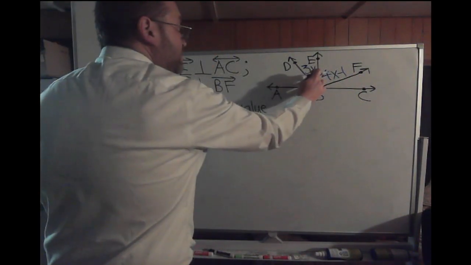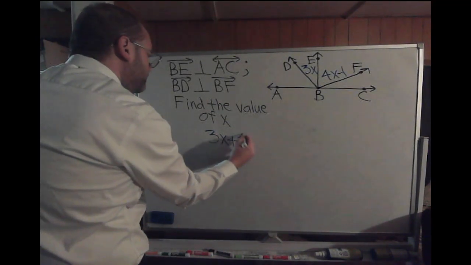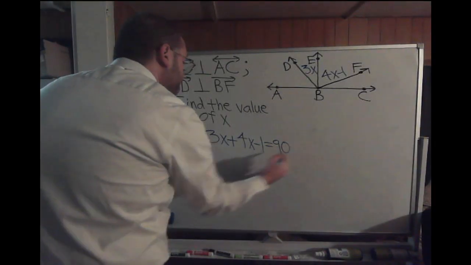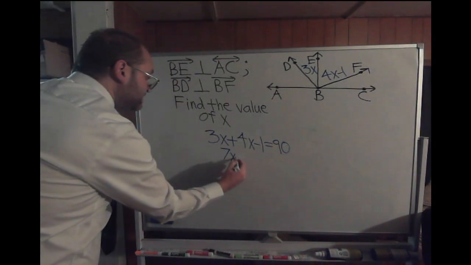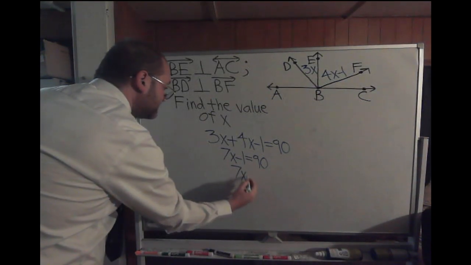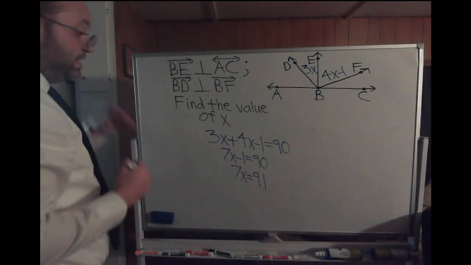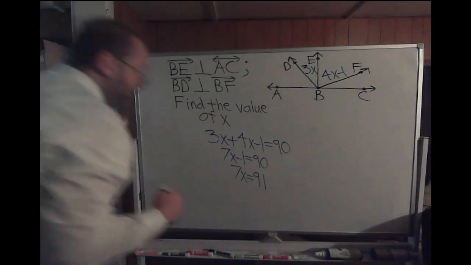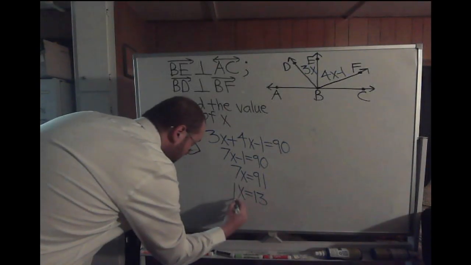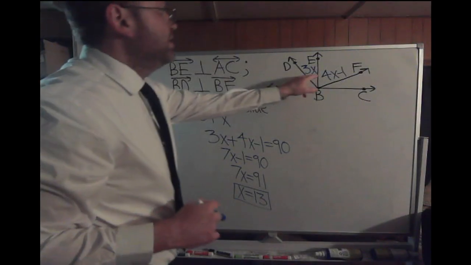So again, we're just going to add these two together. You'll take your 3x plus 4x minus 1, that would equal 90, which means you would get 7x minus 1 equal 90. So 7x equals 91. That would mean that x would equal 13. So the value of x for this particular problem would be 13.